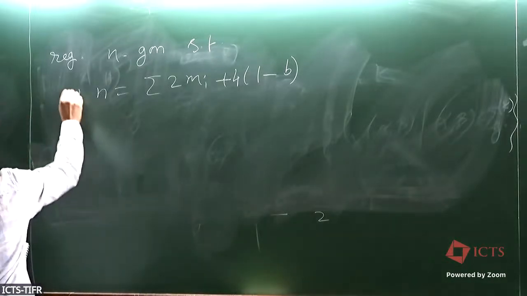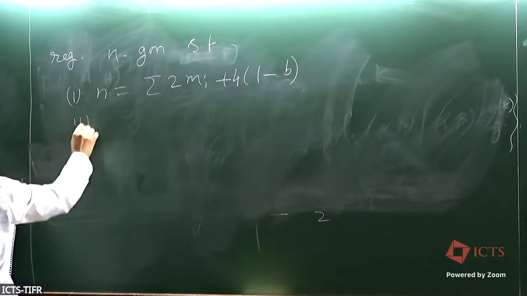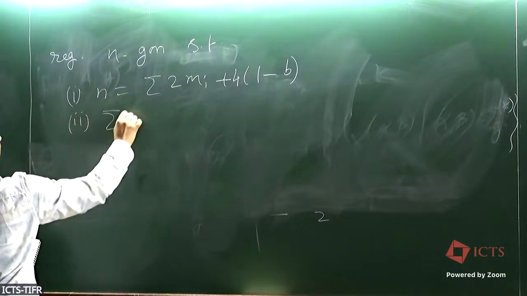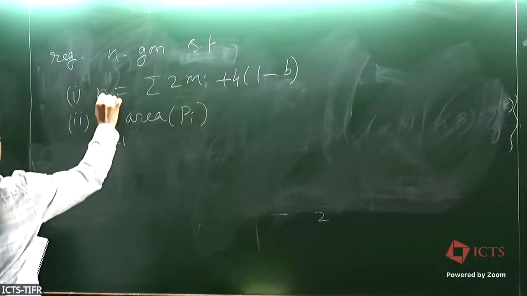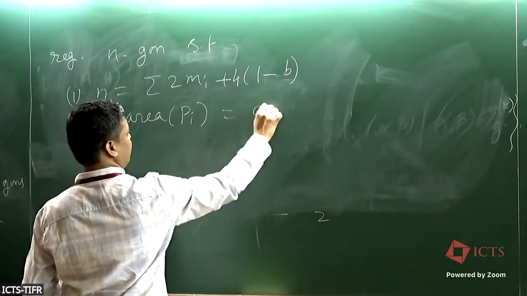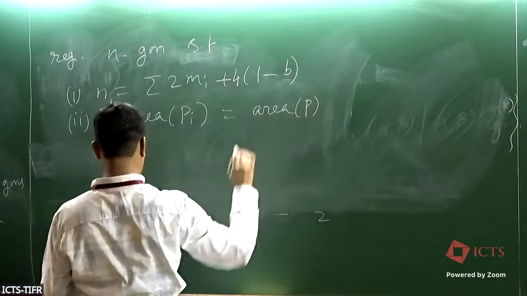This is the first condition. The second condition is that the sum of the areas of Pi over i equal to 1 to b is equal to the area of P.